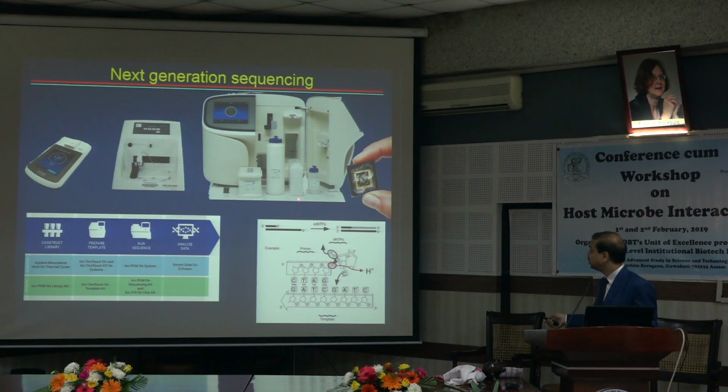And then what this system does is it throws the bases one after another. Typically it will throw adenine. Once it throws adenine, what will happen? If a particular well has thymine, adenine will combine with thymine, and this combination will release a hydrogen ion. The moment it releases a hydrogen ion, the pH of this well will change, it will go down, and the system will capture that this particular well has thymine, because after throwing adenine its pH changed.